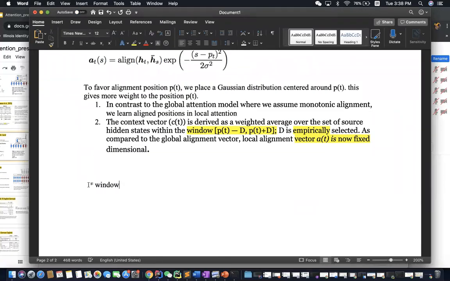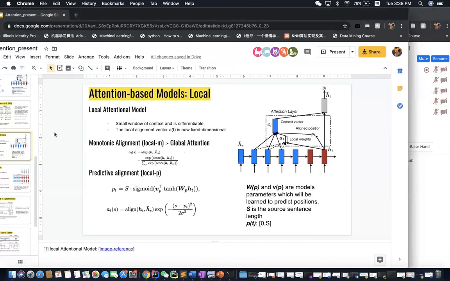Thank you. One more question on the local attention models. What's the difference between the monotonic and predictive? Can you say more about that? So for the monotonic alignment, PT is equal to T, which is a constant. But for the predictive alignment, you can see it uses the sigmoid to compute PT.